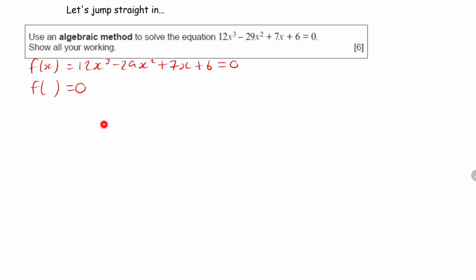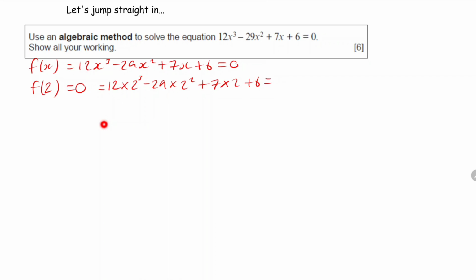Hopefully you were able to have a play around with that, and you would have discovered, hopefully, that f of 2 gives 0. Let's prove that that is the case. So we'll have 12 times 2 cubed minus 29 times 2 squared plus 7 times 2 plus 6.